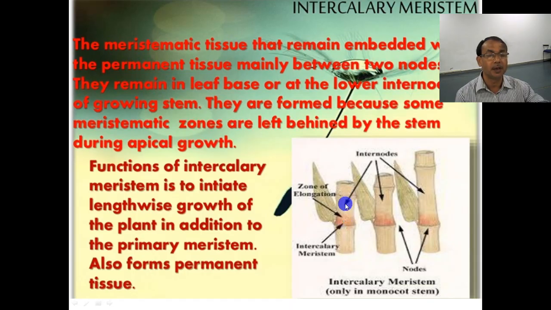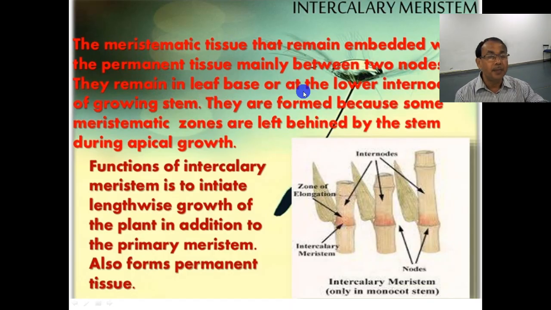In between the permanent tissue, the intercalary meristem remains embedded. This is one node, this is the other node. In between the two nodes it remains embedded, and on the two sides you will have permanent tissues.